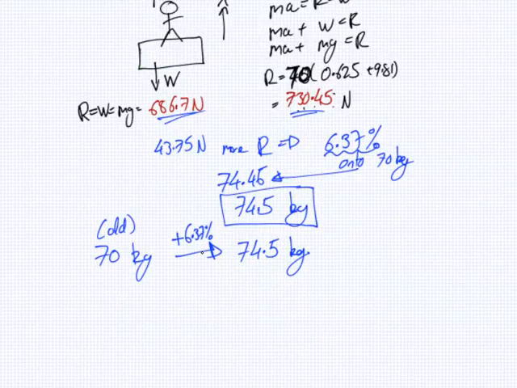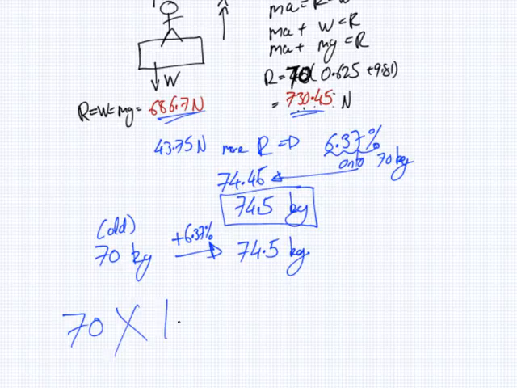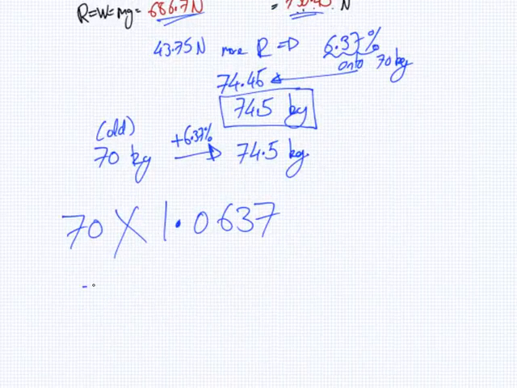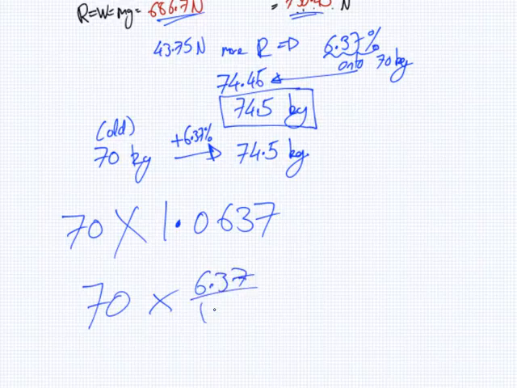No, I mean 70 times 1.0637 increases it by 6.37%. Or if you don't like that, you could do 70 times 6.37 over 100 plus 70. You have 2 ways to do it.